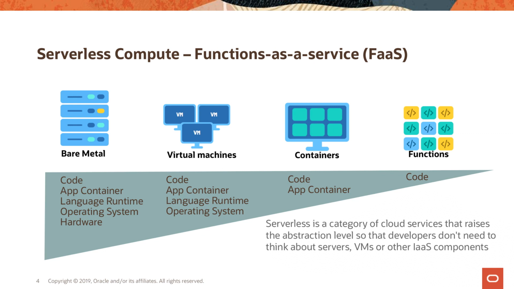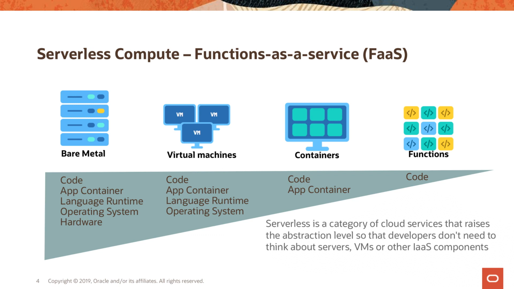You can experiment more. It can be cheaper for you as well, because in this case you only pay for when your code is running. So in a traditional environment, on the left side of this picture you see bare metal or VMs. What you have to do is manage the VM, which is running all the time. You have to worry about patching the operating system.